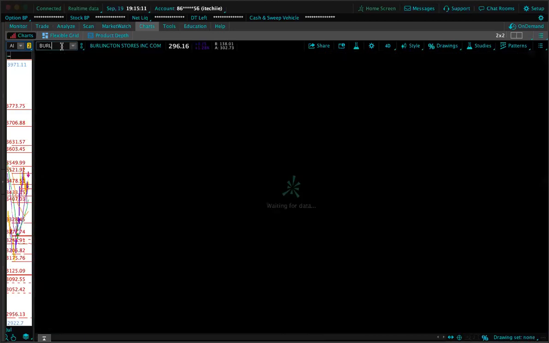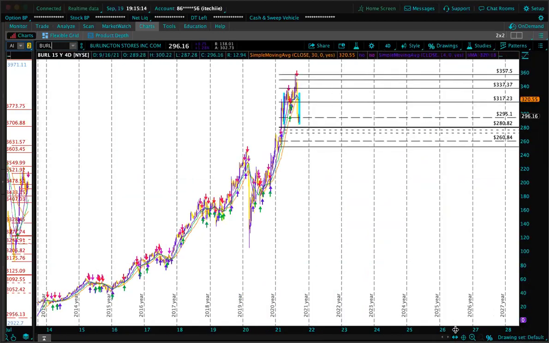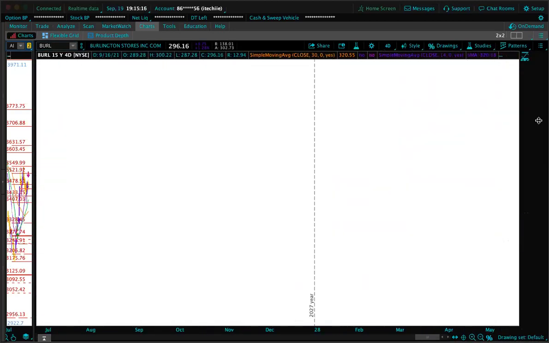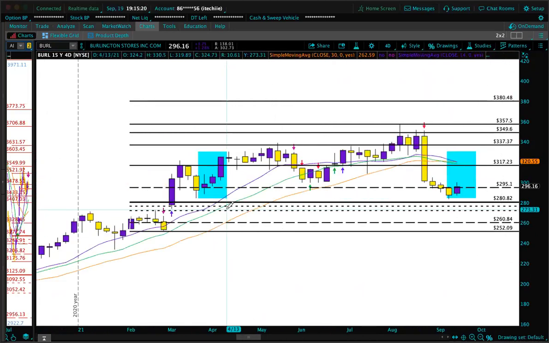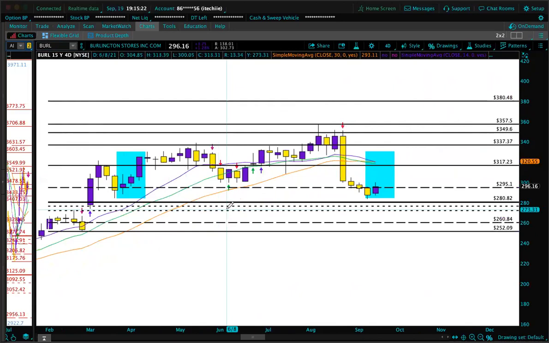Next up, we got Burrow. I'm giving you guys just breakdowns. I'm making it as simple as possible. Burrow, I like it. I don't know if you guys caught, but when the market was all green, Burrow was red. When the market was red, Burrow was green.